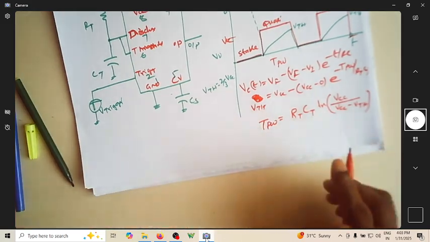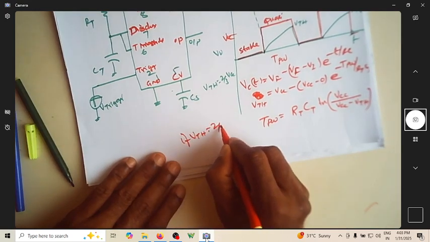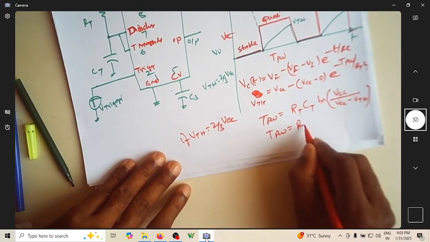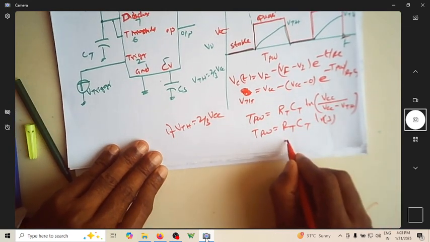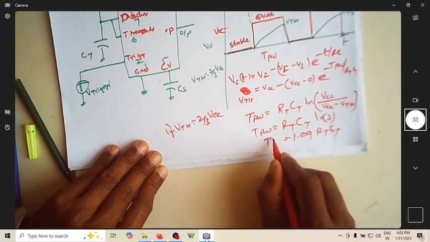If VTH is equal to 2/3 of VCC, then the pulse width is equal to RT CT ln of 3, which is 1.09 times RT CT.